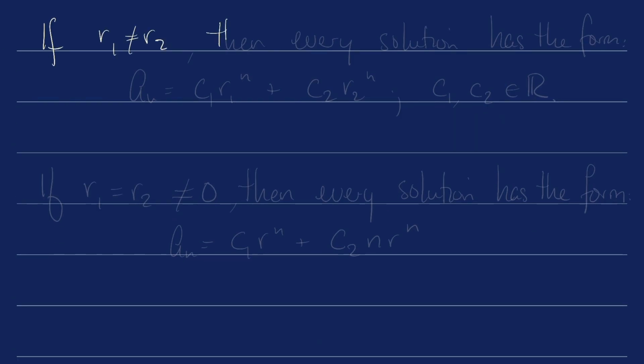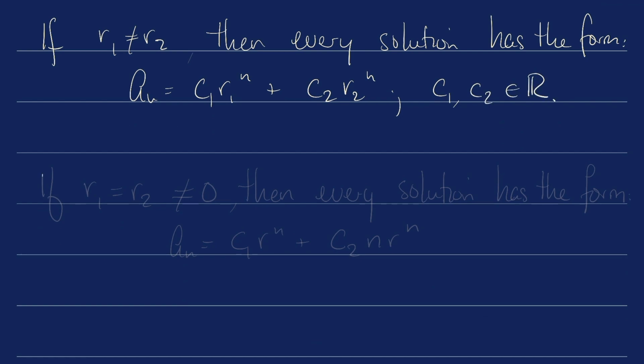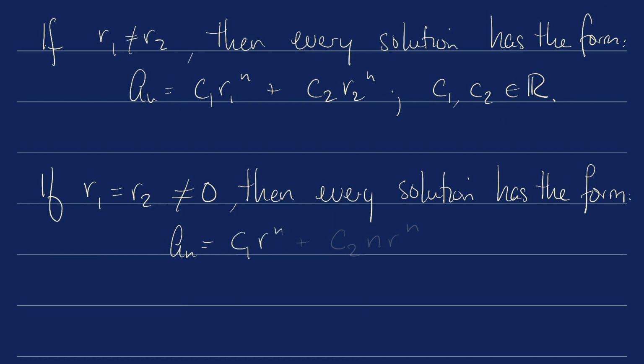If R1 and R2 are different roots, as in they're not equal to each other, then every solution for this recurrence relation has the form a_n = C1 R1^n + C2 R2^n, where C1 and C2 are real numbers. If R1 = R2 = R and they're not equal to 0, then every solution has the form a_n = C1 R^n + C2 n R^n.